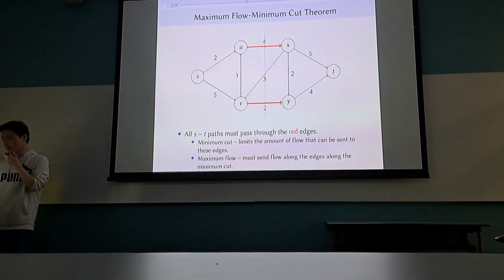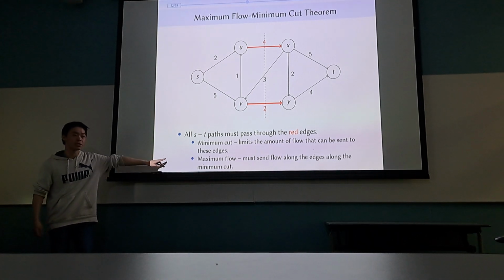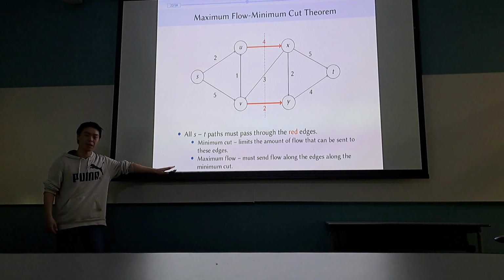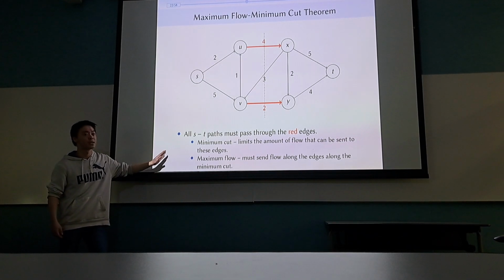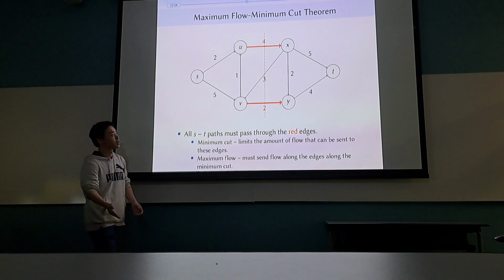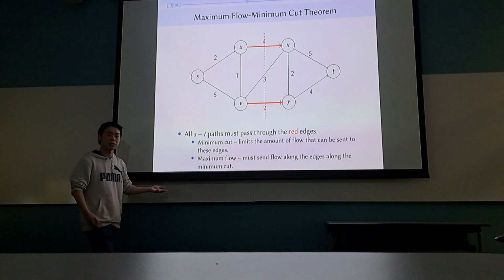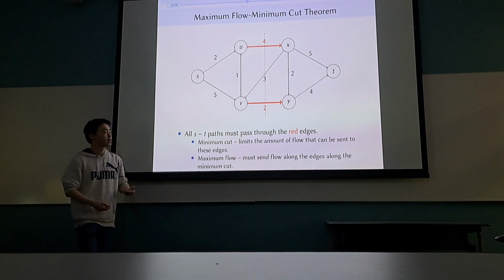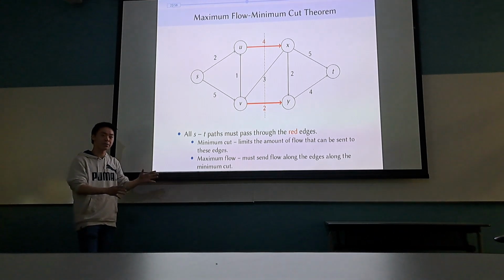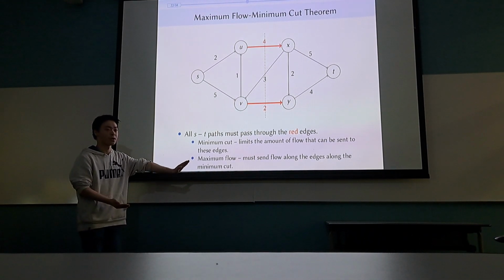A way to think about this is that the minimum cut limits the amount of flow that you can send along the edges that you must pass through when you're performing a maximum flow. When you're performing a maximum flow, you're going through a lot of these edges, and there are some edges that you have to cross. That's going to be the minimum cut, and that's going to be your bottleneck for the maximum flow.